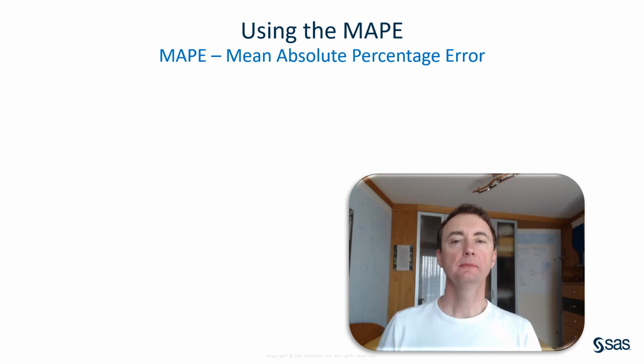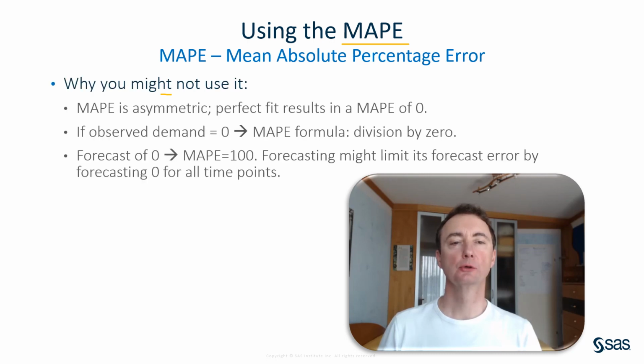You see that I'm using the MAPE here for the analysis, and I'm well aware that there are a couple of reasons why you should not use the MAPE. On the one hand, the MAPE is asymmetric: a perfect fit results in a MAPE of 0, whereas deviations can go to extremely large values on the other side.